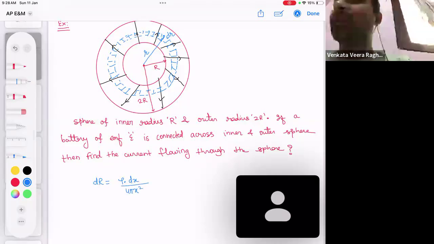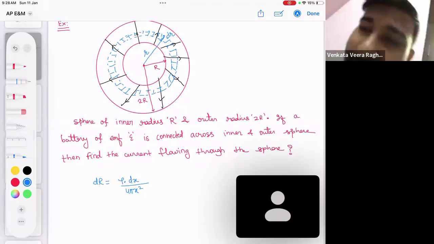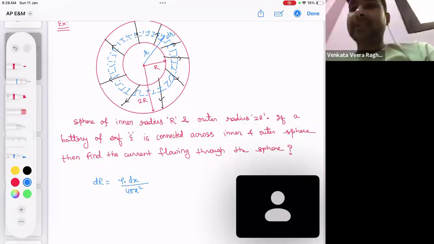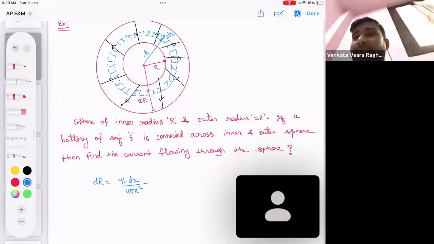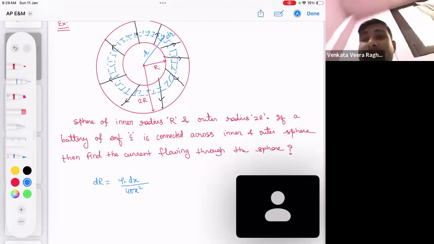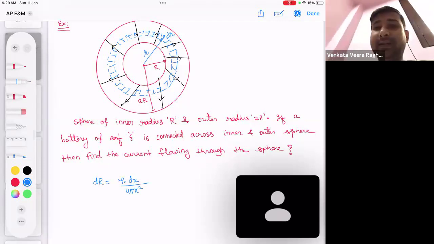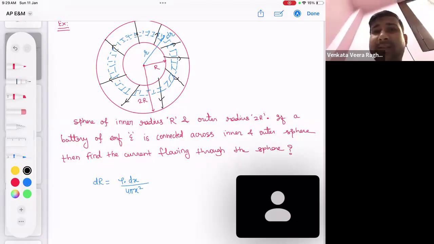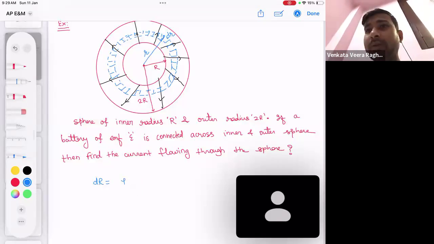Please think carefully. Is it the area of the element we have considered? The area of that element is 4 pi r square. Now we have considered r, dr. If you consider x, dx, then these things you will write. So what will it come? Rho. What is the small length?